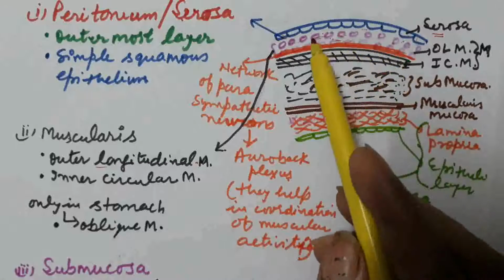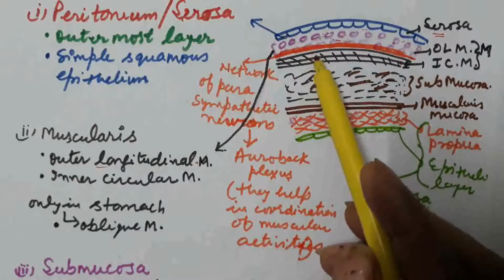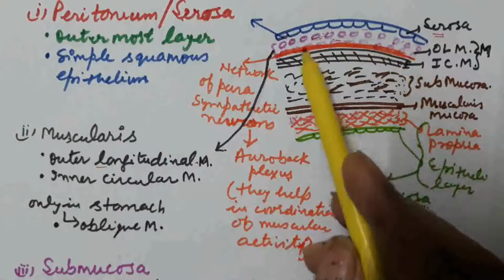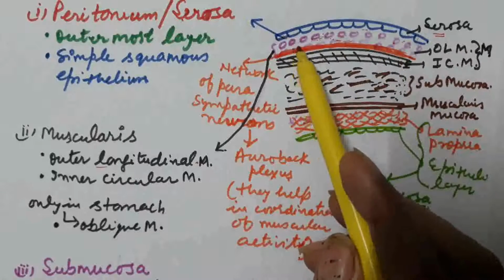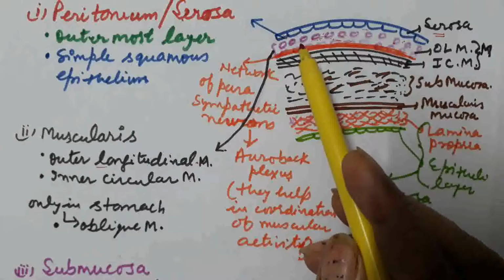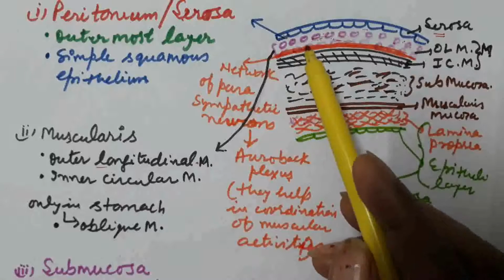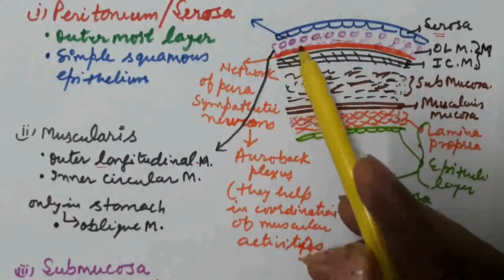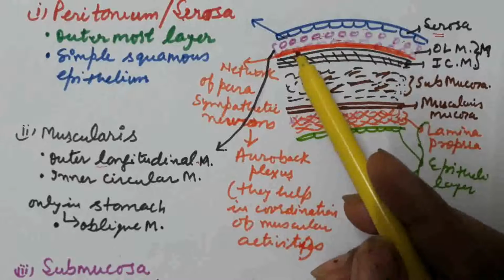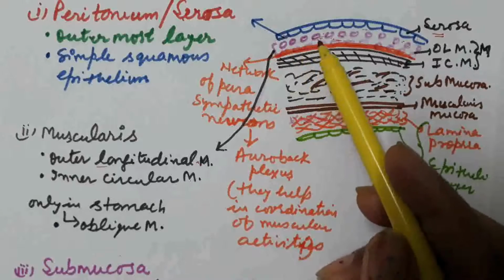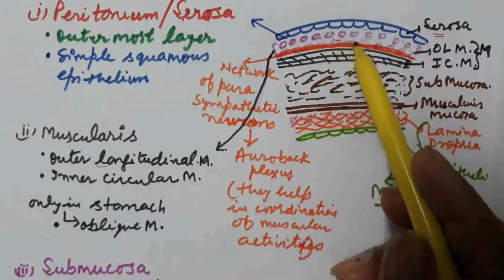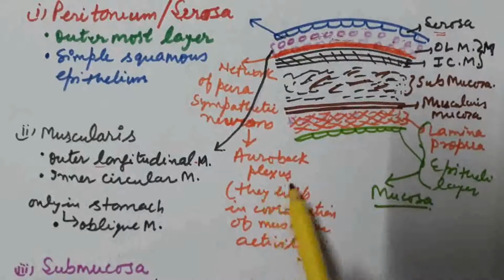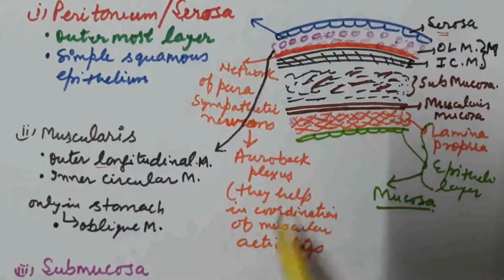In between the longitudinal and circular muscle layer, there is a red line I have drawn with red color. What is this? This is the network of parasympathetic neurons. We call it the Auerbach plexus.